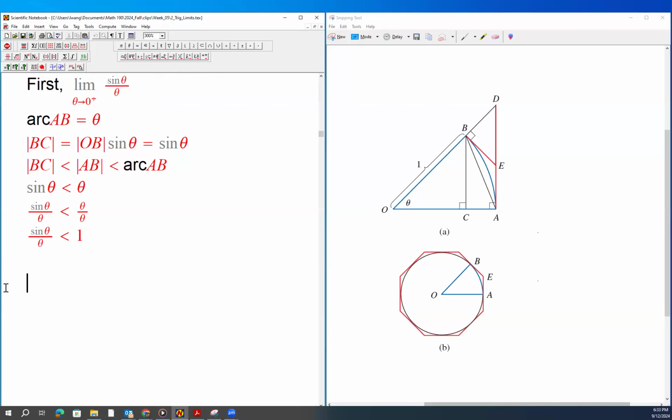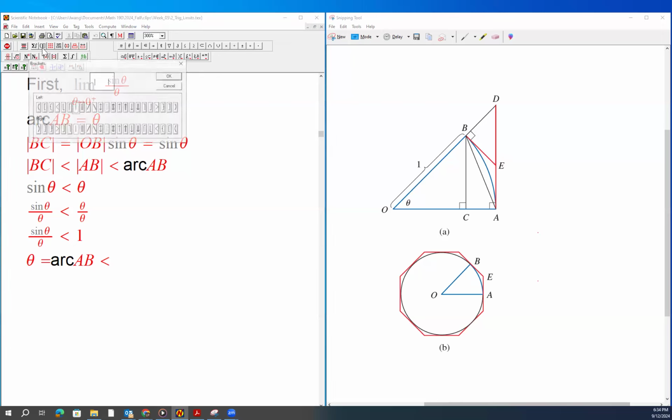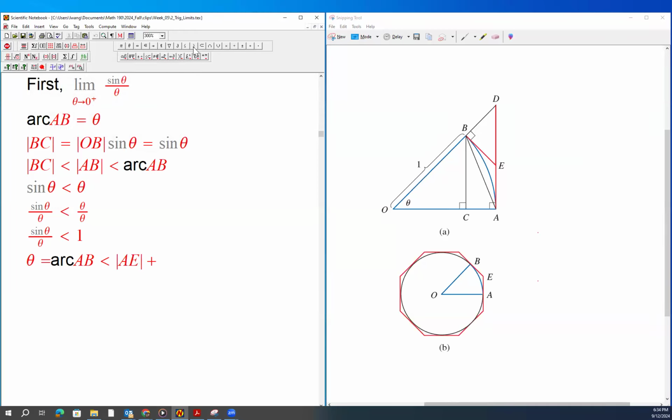That's obvious. So arc AB, I'm going to copy this piece, is less than AE plus EB, and arc AB is theta.